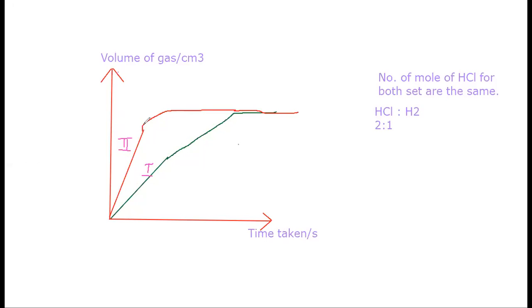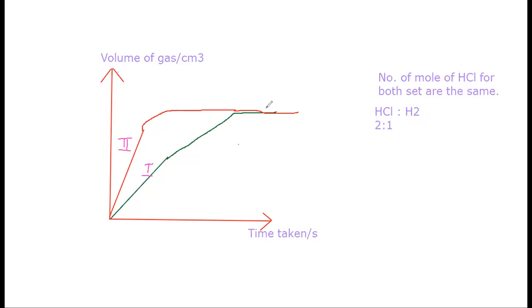Now, why do these two lines join at last? This is because the number of mole of the hydrochloric acid used for the two sets of experiment are the same, and it indirectly affects that the volume of the hydrogen gas which is released during the experiment is also the same. Therefore, they will reach the same height.